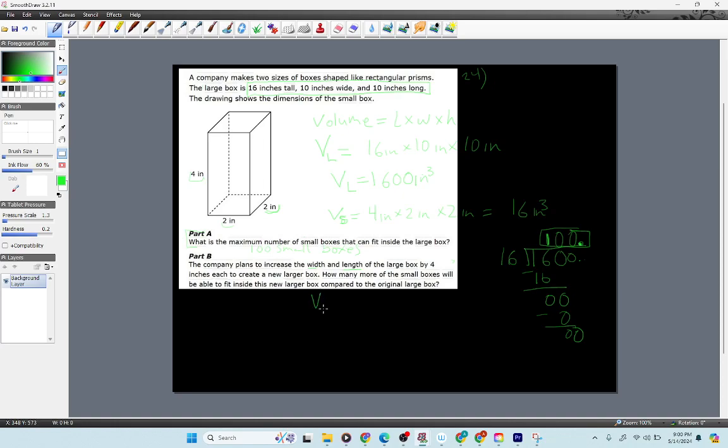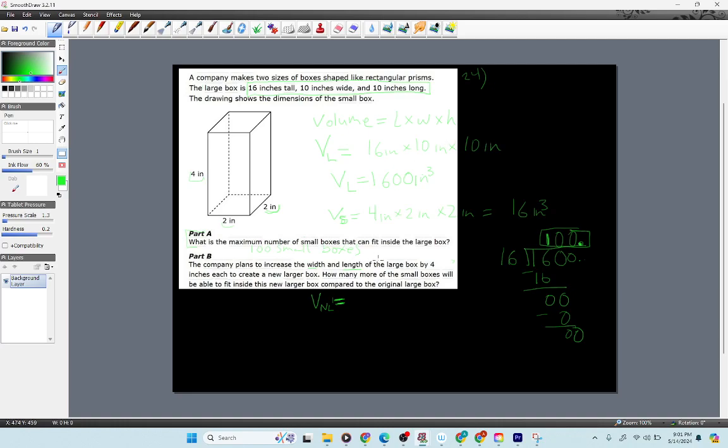Our new large volume. It's even larger, and that's going to be the width. Add 4 inches to it, so instead of 10, let me be mindful. Let me go back up to what the chart said here. For here, I mixed up the order, and it didn't really matter a whole lot because we're multiplying them all together anyway.